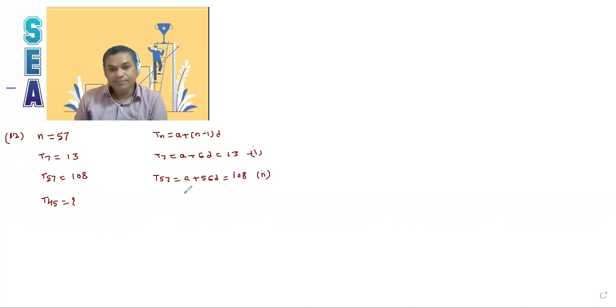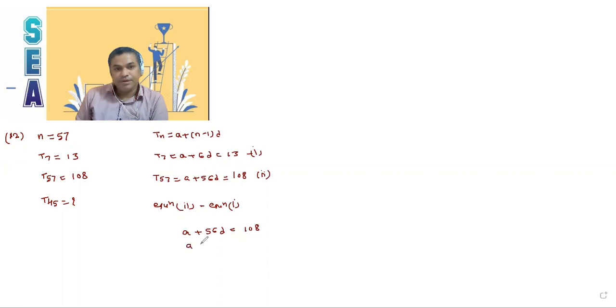And here if we do equation 2 minus equation 1, we subtract 2 from 1; you can also subtract 1 from 2, it makes no difference. So a plus 56d is equal to 108 and a plus 6d is equal to 13.